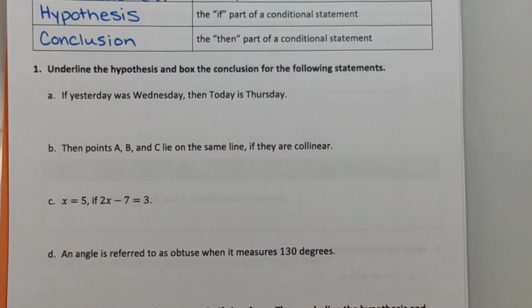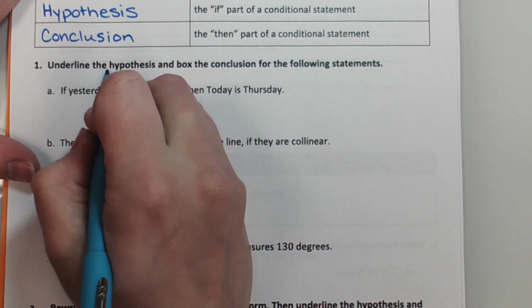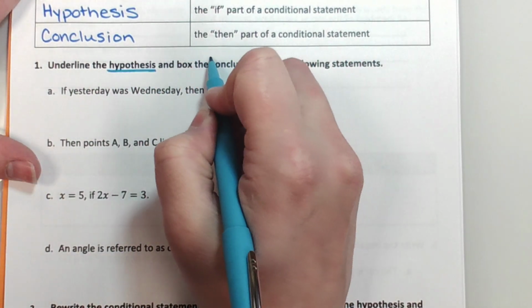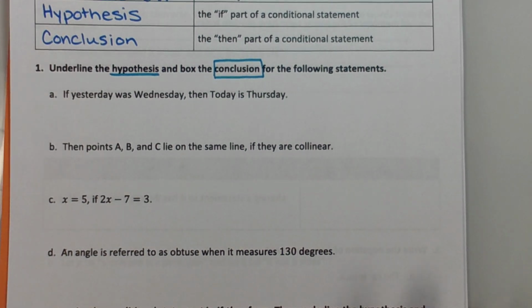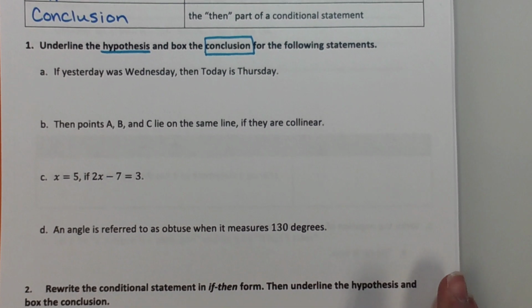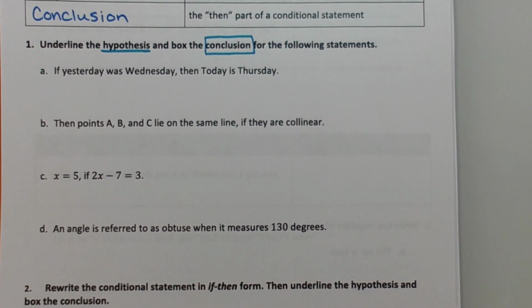So, to get some pure recognition, we're going to practice underlining the hypothesis and boxing in the conclusion. I'm just doing that in the instructions to help us keep clear which one's which. If yesterday was Wednesday, then today is Thursday.